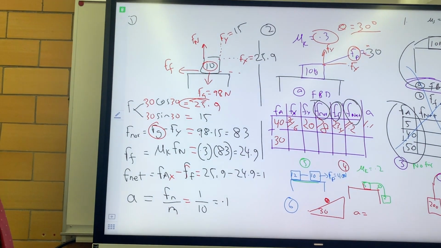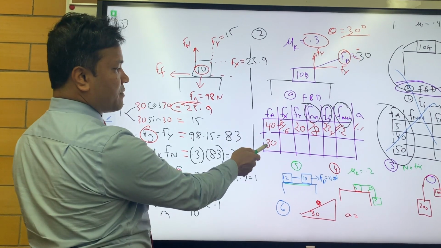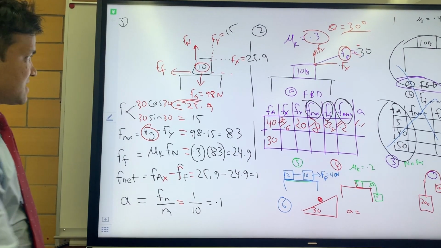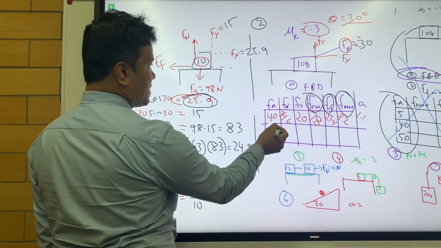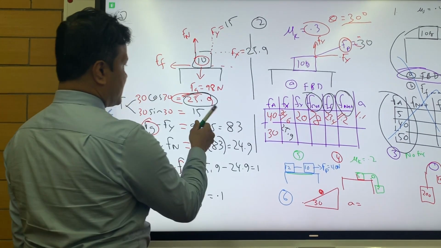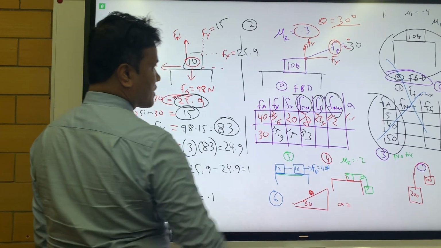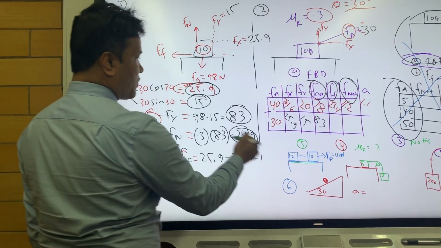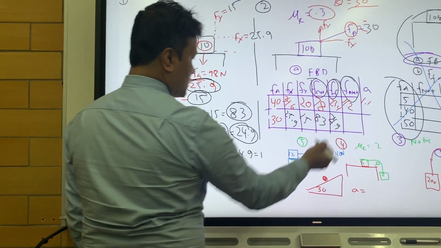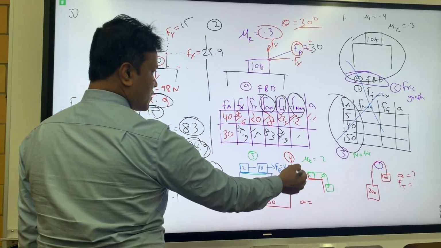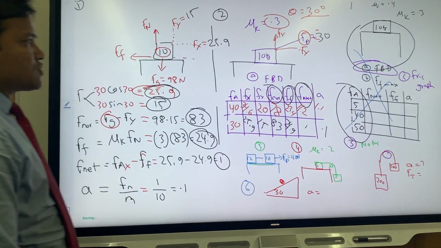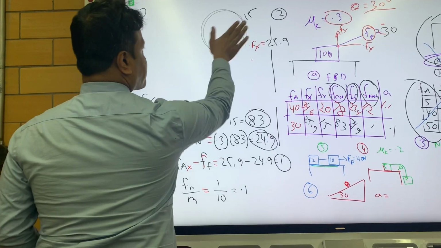Does that make sense? Yeah, that makes sense. Acceleration is less because the applied force is smaller. So we're going to write 25.9, and then 15, 83, 24.9, and then 1, and 0.1. Okay, so we're done with that problem.